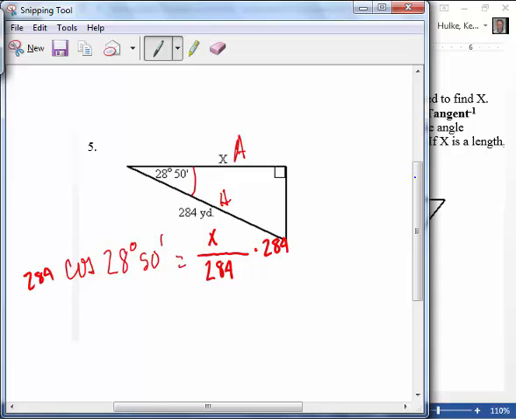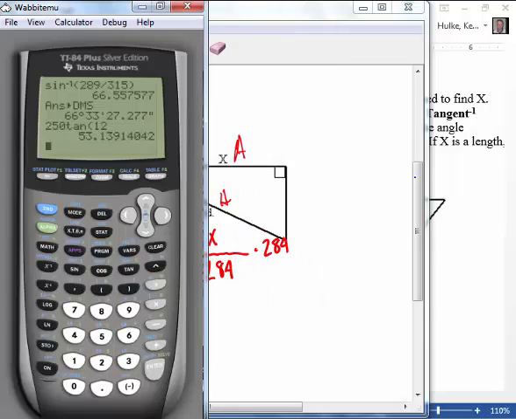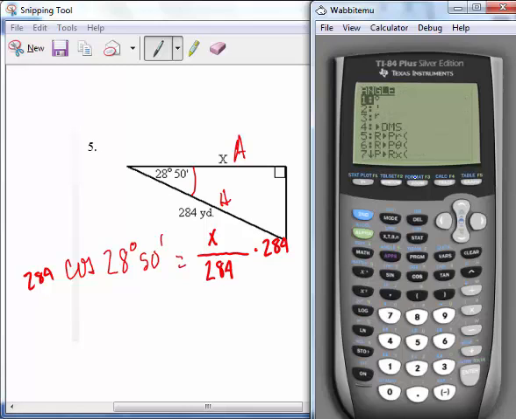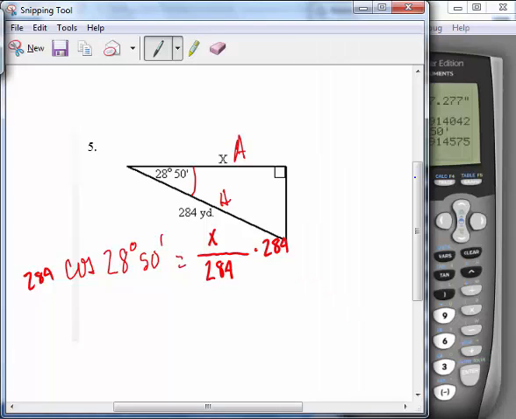So we would press on our calculator 284 cosine 28 degrees 50 minutes is 249 yards. 3 sig digs. Next.